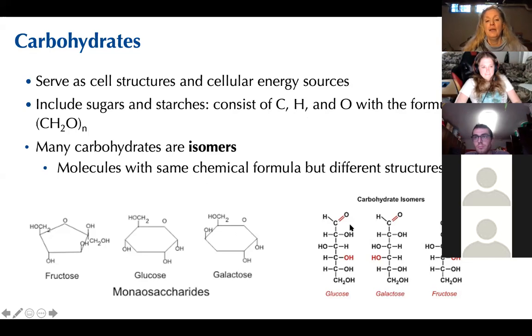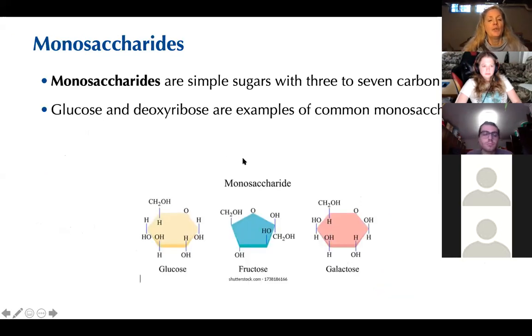And you can see many of the carbohydrates are isomers of each other, which just means the carbons are rearranged differently. You can see these all have the same chemical formula, but they're just rearranged differently. So the simplest are our monosaccharides, glucose, fructose, galactose, okay? And they're isomers, they're rearranged differently.